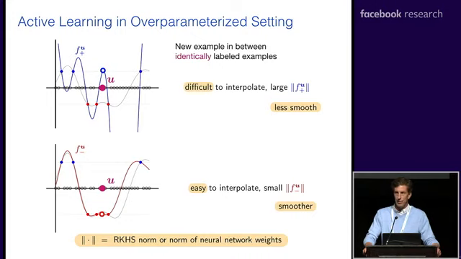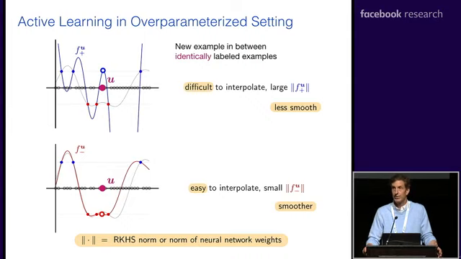If I added that new point in, either it gets a label of +1, and then I get the blue interpolation curve on the top, or it will be labeled -1, red, and I get the red interpolation curve below. Because that new point lies right between 2 red labeled points, it's going to be pretty easy to interpolate. That's what the red curve is showing.